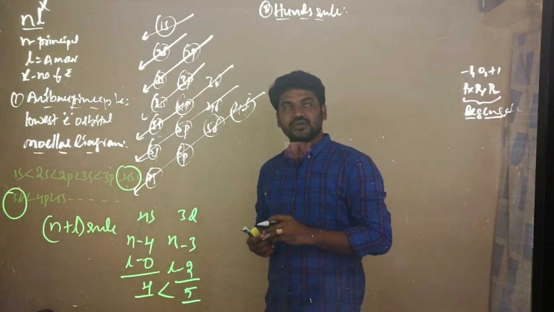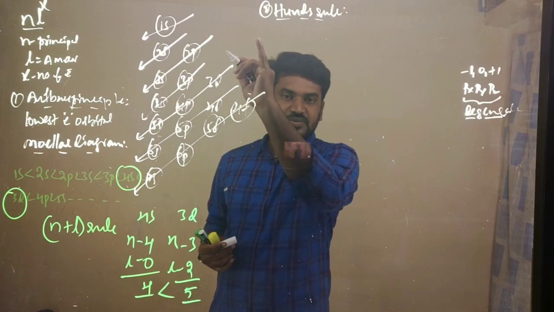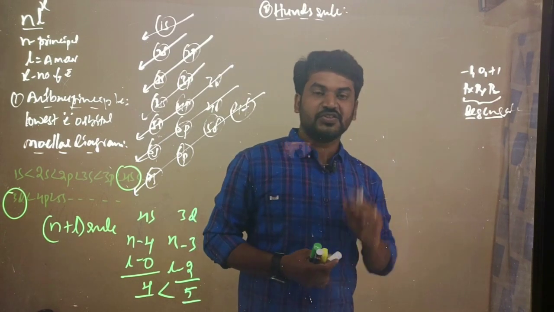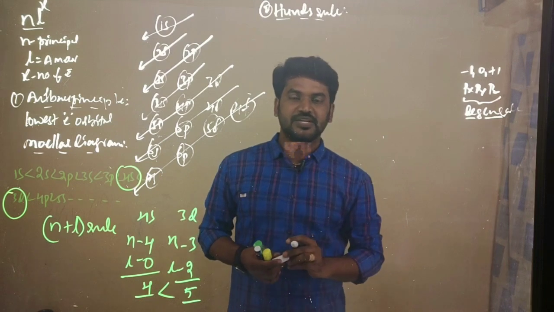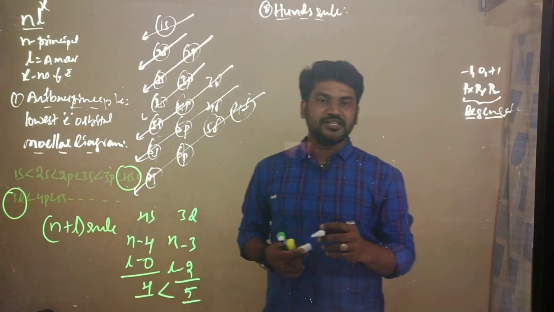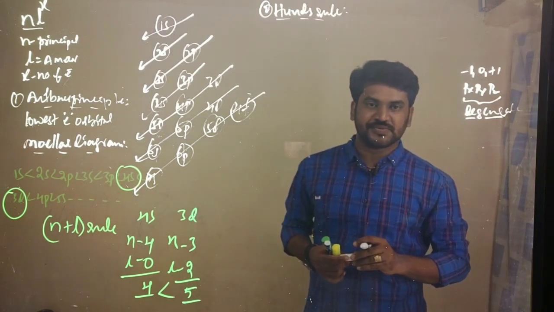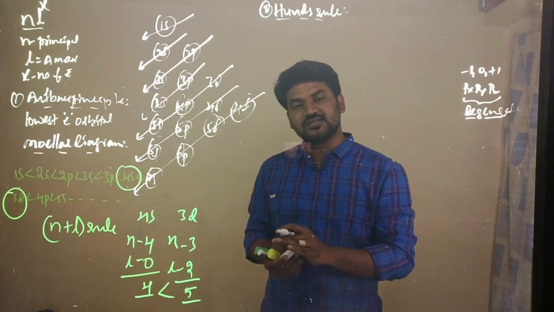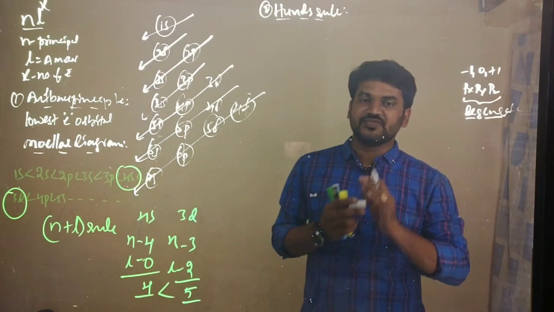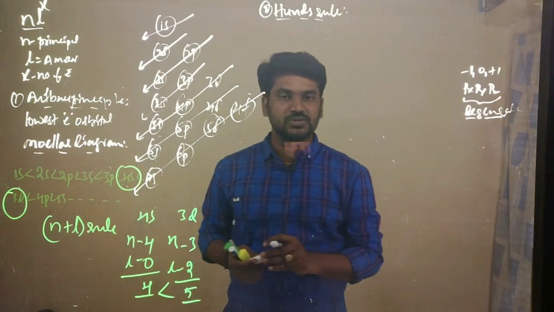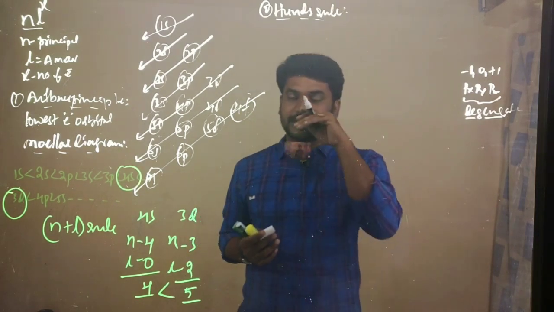Coming to Hund's rule, the degenerate orbitals should be filled first with 1 electron each, then the pairing should start. Pairing should start after the degenerate orbitals are filled with 1 electron each. Okay, so that is Hund's rule.